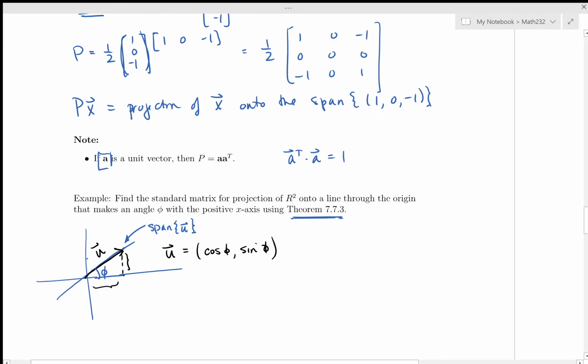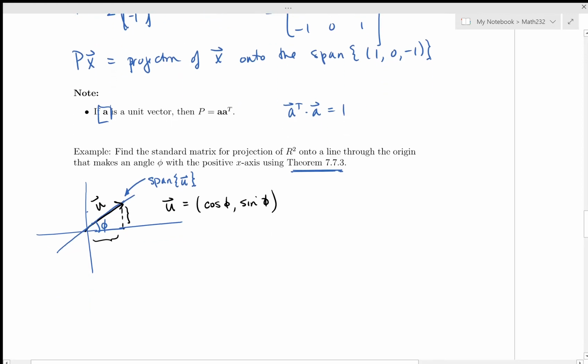So now I can form the standard matrix for projection simply by taking the outer product of u and itself. So that is going to be cos phi, sine phi multiplied by cos phi, sine phi. And I go ahead and do that calculation.